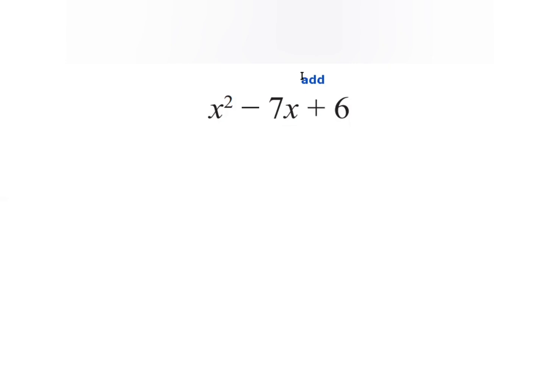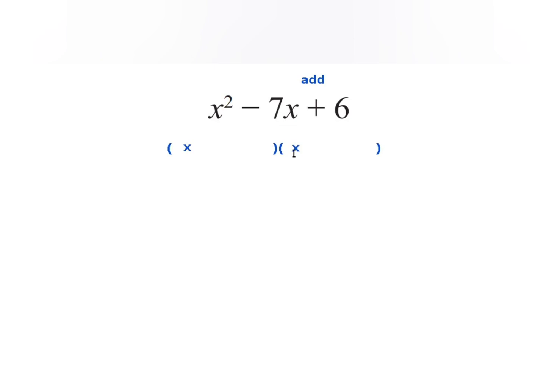So plus means add. Now, first step we do, we open brackets like this. After opening brackets, we come here. X squared means x times x. So we put x and x.